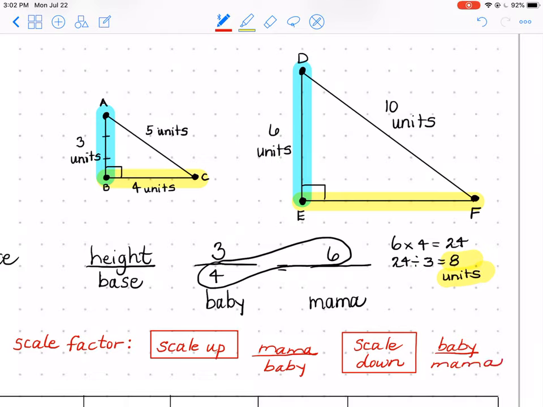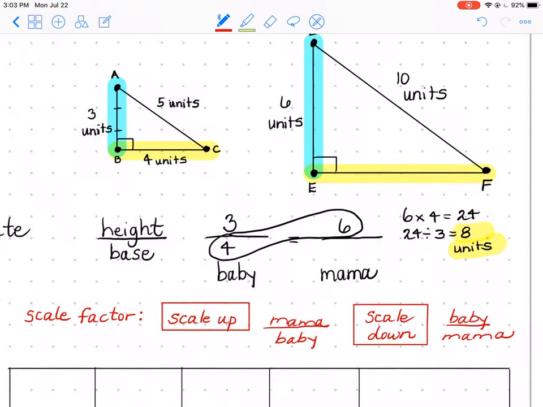There is a much more technical way to explain this, but I'm trying to help you visualize something that you can use on a test. So if you want to scale up, we're going to use mama over baby because mama's bigger. She's already grown up. Scaling down is where you would put the baby's dimension on top.